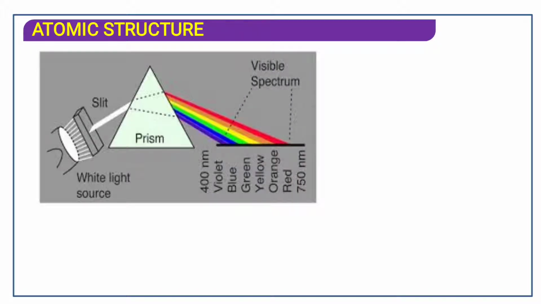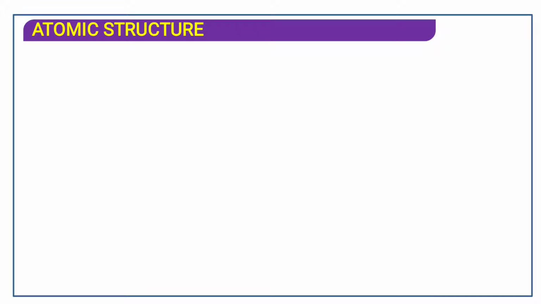As you can see, if the prism is given over here, white light is exposed to the slit, and as it collides with the prism, it gives us 7 different colors, which is said to be the rainbow colors, and every color has a different wavelength. According to that it has been given in nanometers, and you have studied in the 10th standard about VIBGYOR, the 7 colors of the rainbow.